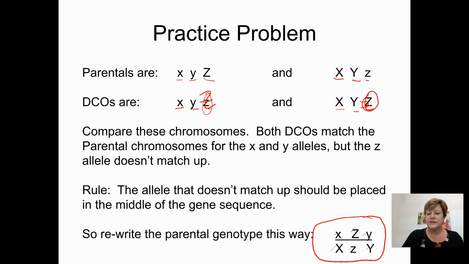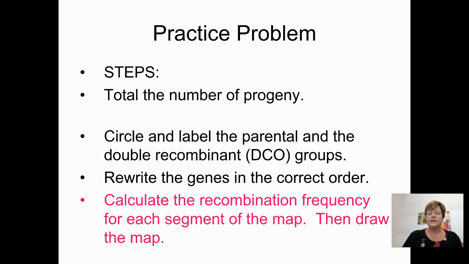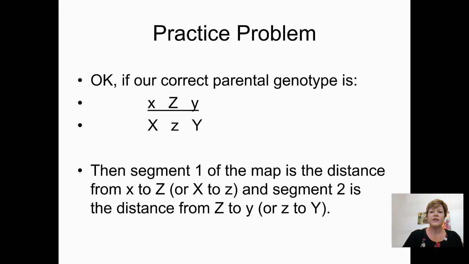Once you have the genes in the correct order and you know the mother's 2 chromosomes and how they're laid out, what we're going to do is figure out the genetic distance between each pair of genes, so each segment of the map. So if our mother's genotype is given here, then segment 1 is what I'm going to call the distance between X to Z. That's segment 1.